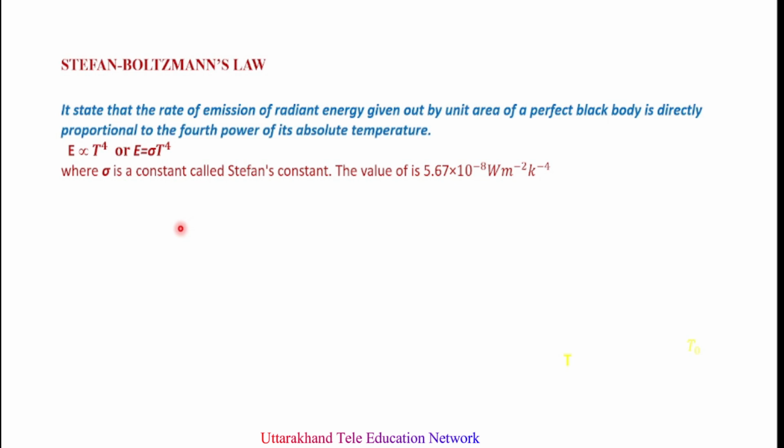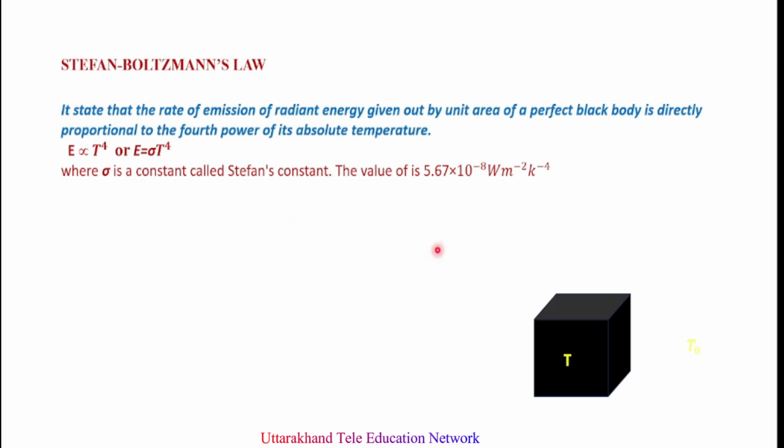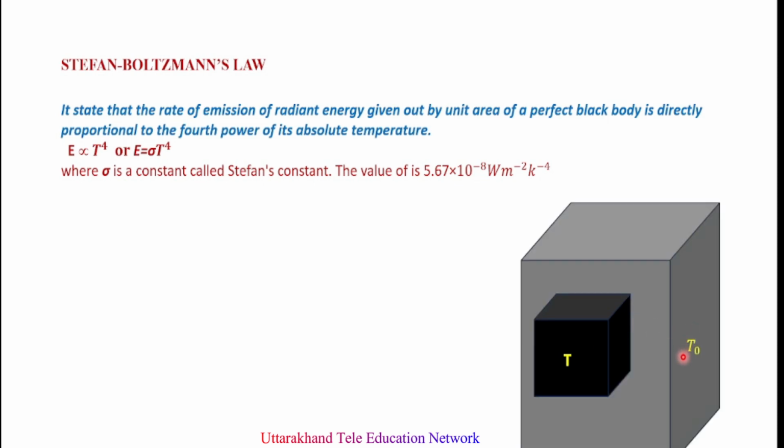But after some time it was understood that we should consider what happens if two perfect black bodies have different temperatures. So now we consider one perfect black body at temperature T, and we put it inside another perfect black body at temperature T0.